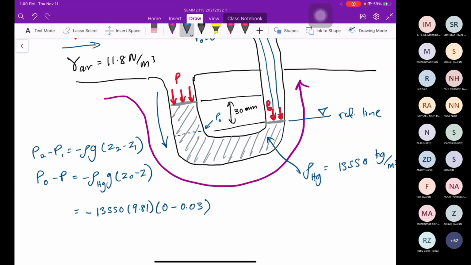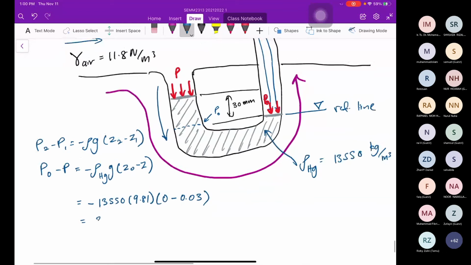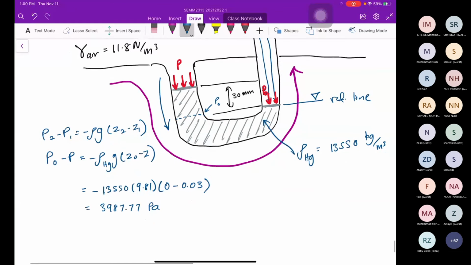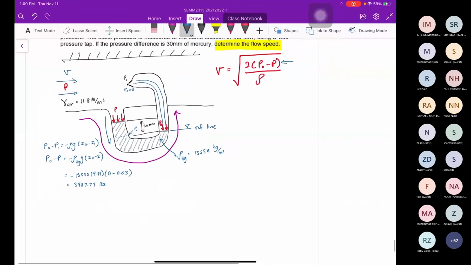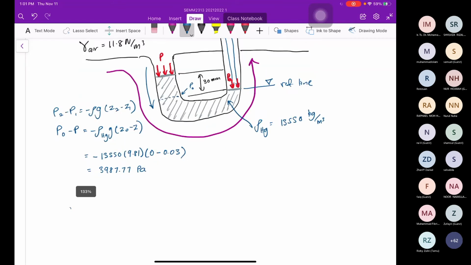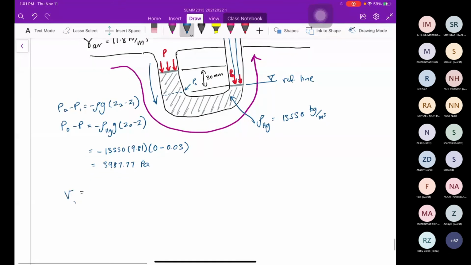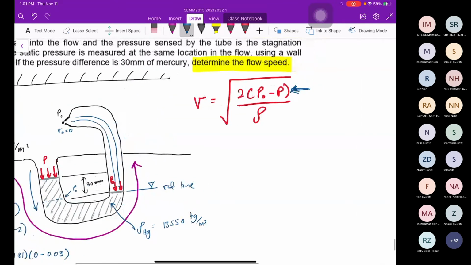Okay. You will have the final value is 3987.77 Pascal. Okay, this one you can substitute in this equation. So velocity equal to square root of 2 multiplied with 3987.77 over density.